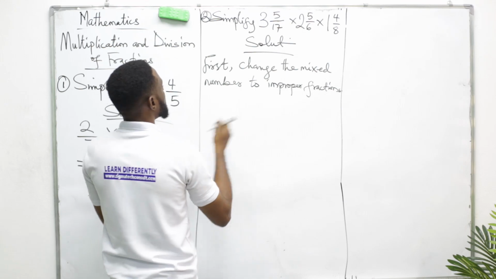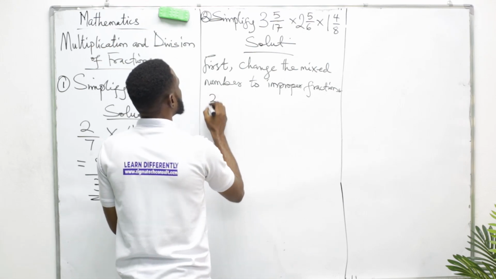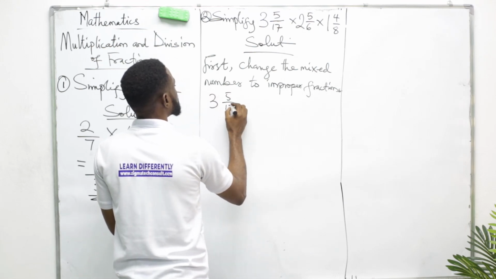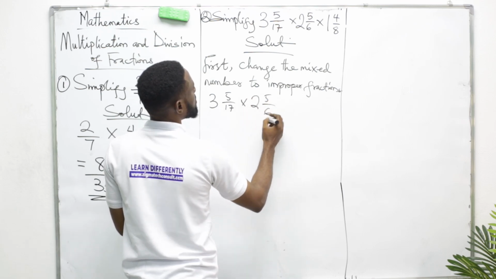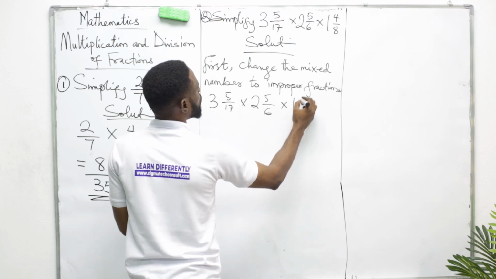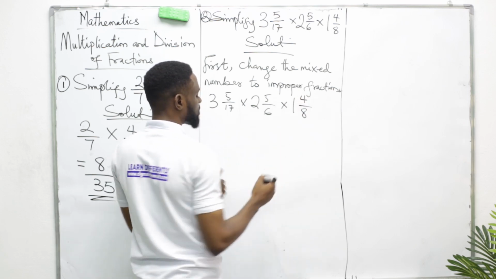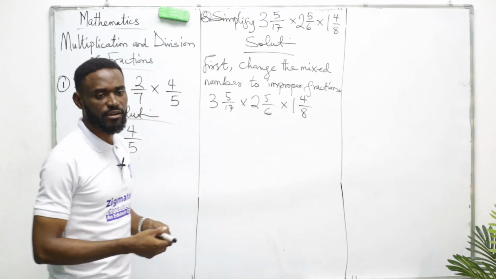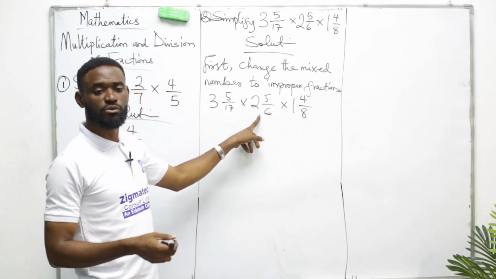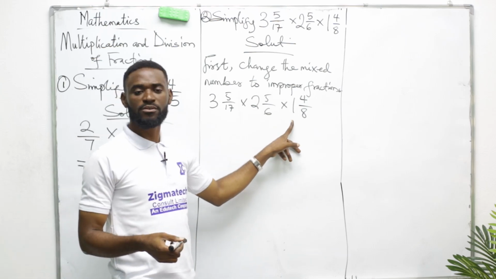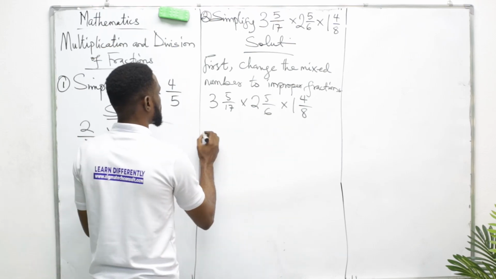So we have 3 whole number 5 over 17 times 2 whole number 5 over 6 times 1 whole number 4 over 8. Okay? 3 whole number 5, 17, good. 2, 5, 6, 1, 4, 8. So let's change all this to improper fraction.